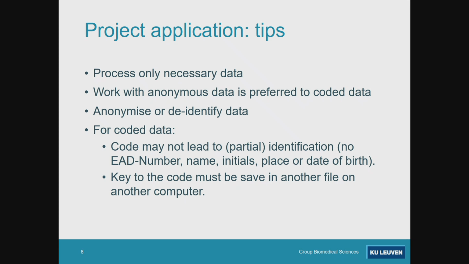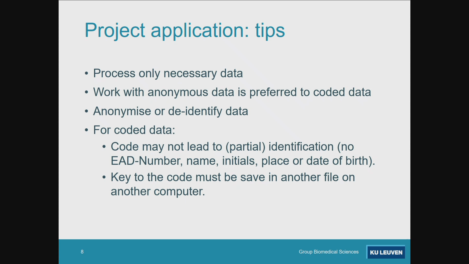And in case you need to code data, make sure that the code that you are using is not leading to identification or partial identification of the person. This means don't use, for example, the EAD number, which is an administrative number that is being used in the hospital, but which is known by quite a lot of people that have access to this EAD database.